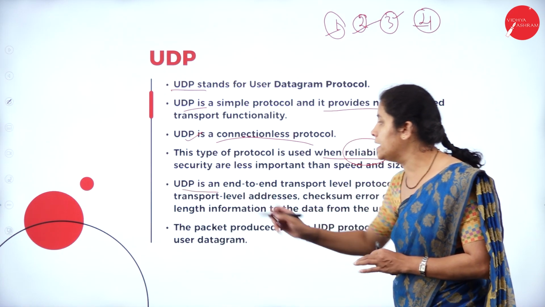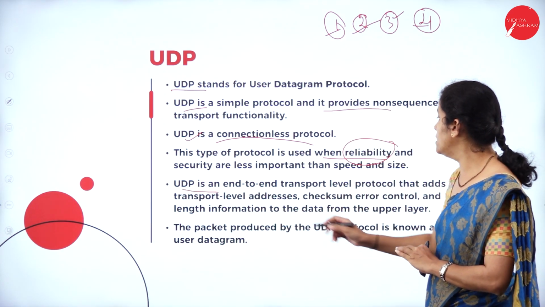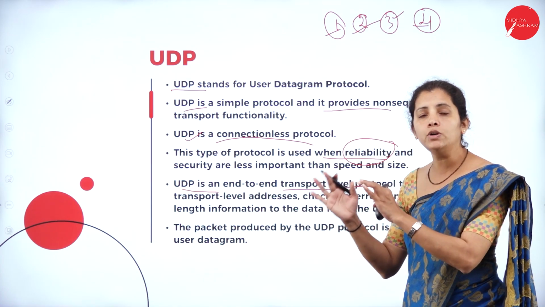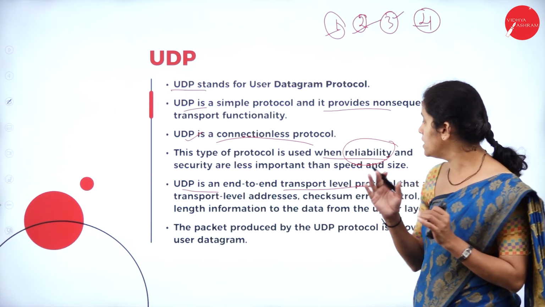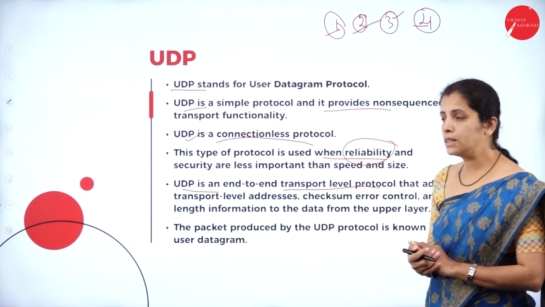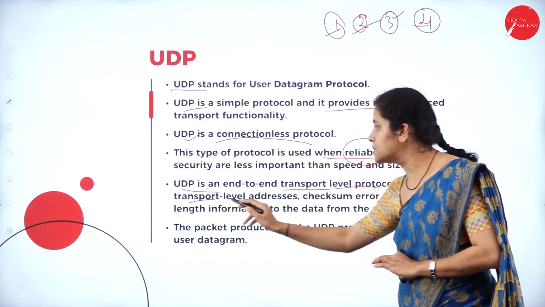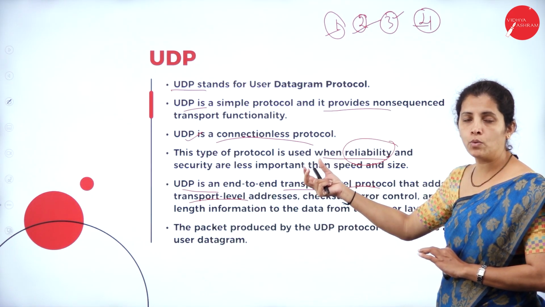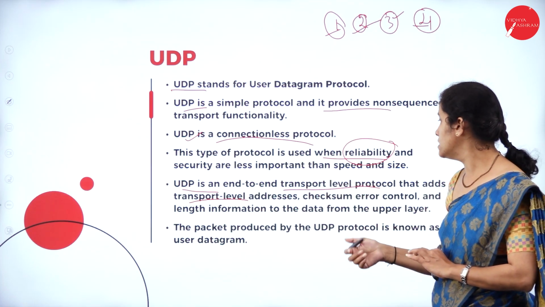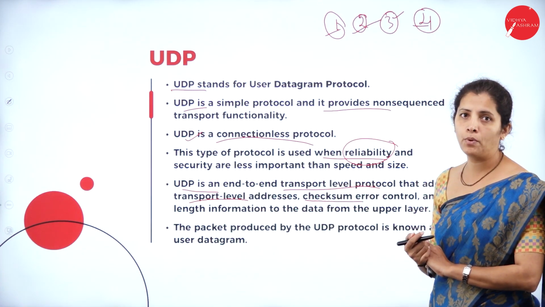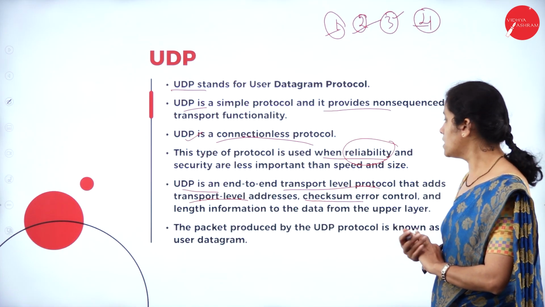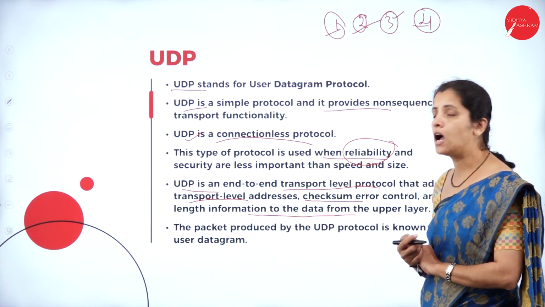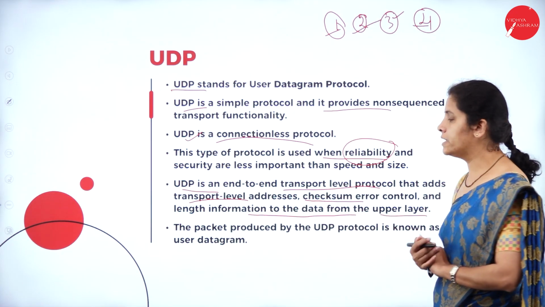UDP is an end-to-end transport level protocol. Along with that, it adds a transport level address. So in the transport layer, we add the address, and it also supports checksum, error control as well as length information to the data from the upper layer.